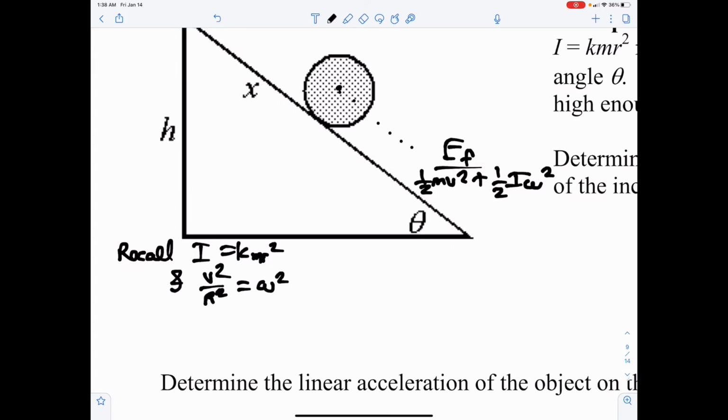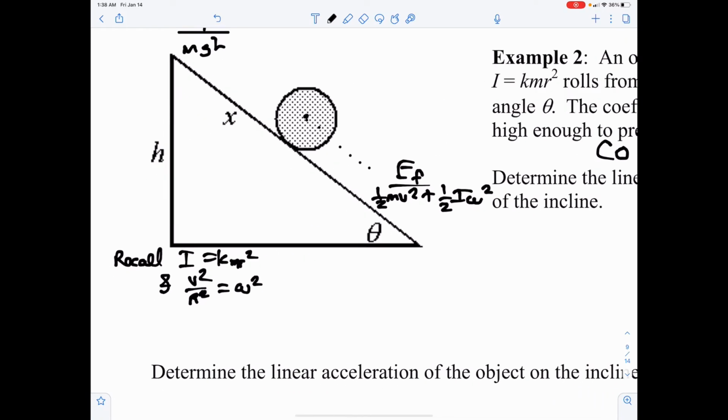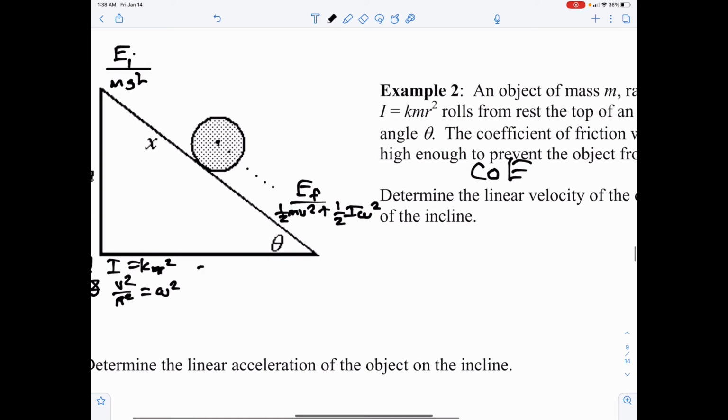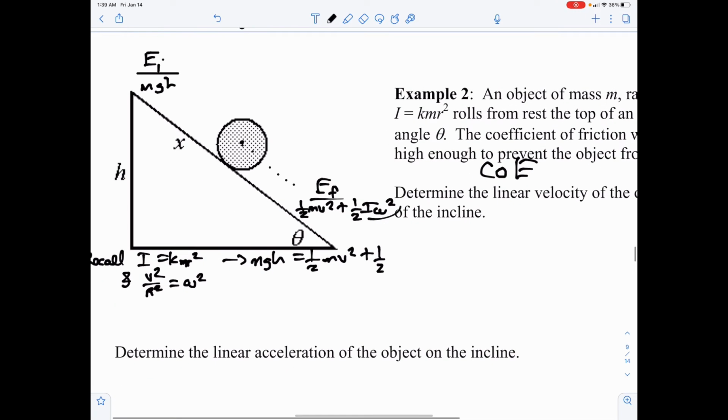So we're going to be substituting that. Let's go ahead and figure this out. We have mgh at the top is equal to 1/2 mv squared at the bottom plus 1/2, and let's do some substitution for I and for omega squared. So I is k mr squared times omega squared, which was v squared over r squared.